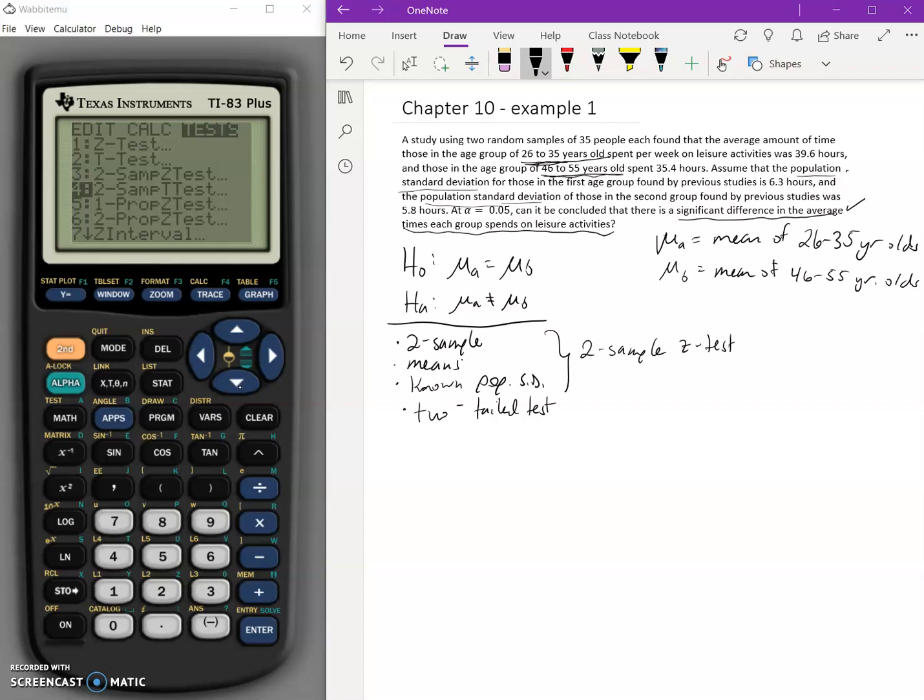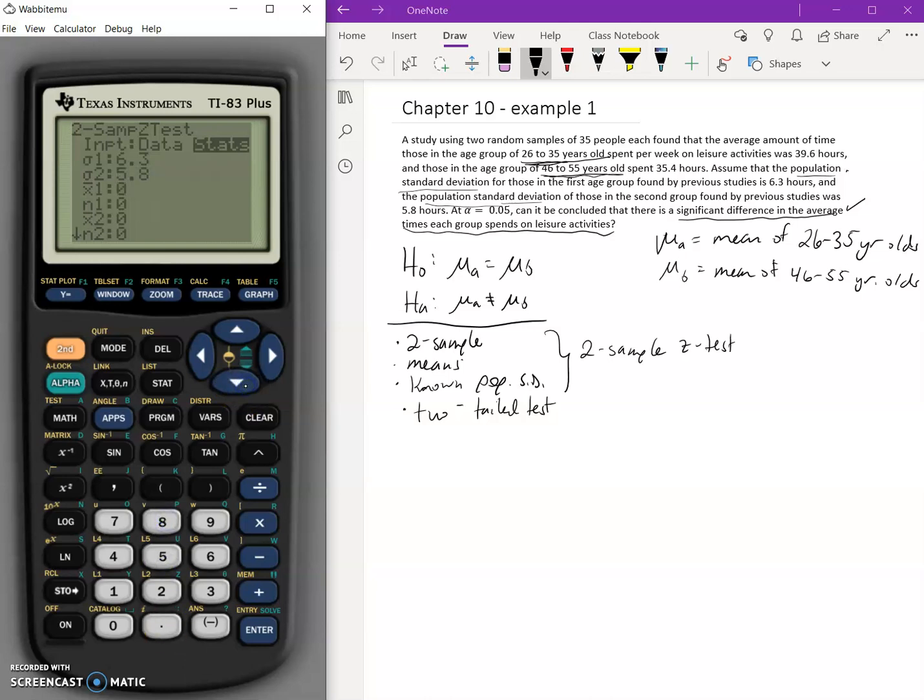So if we go to the 2-sample z-test on the calculator, we press enter. We have the choice again of entering data or statistics. We have already calculated statistics. We have to enter our sigma sub 1 and sigma sub 2. Mu sub A corresponds to subscript 1, so we put in our first population standard deviation, 6.3. We go down to our next population standard deviation, which was 5.8.